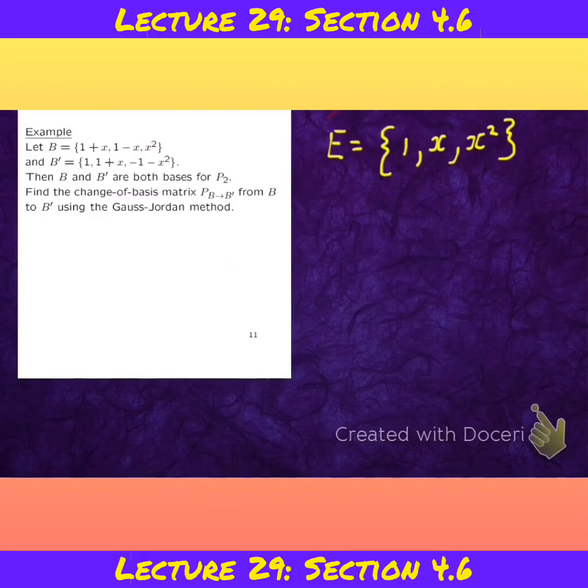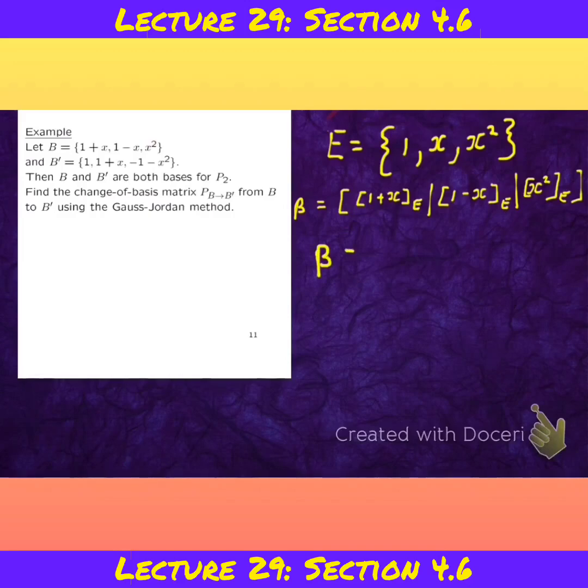Right, so what is the matrix B again? The matrix B is this matrix. It's the matrix with the columns. You take the vectors of B and you write them as linear combinations of the standard basis. Now, what is the standard basis in this case? The standard basis is E, right?